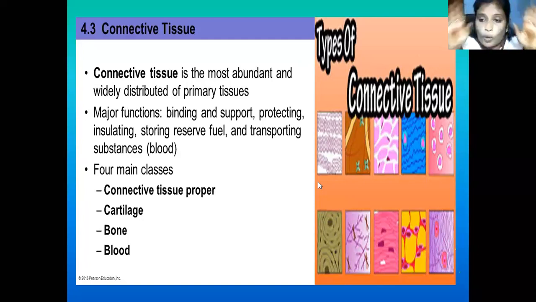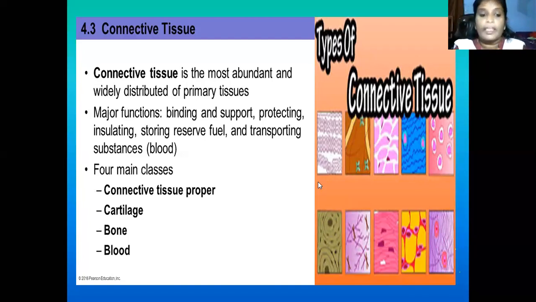These are all the functions of the connective tissue. What are the major functions of the connective tissue, ma'am? Binding and support, protecting, insulating, storing reserve fuel, and transporting substances like food also. Food is also transported to all parts of the body. It helps the connective tissue. This tissue is located in our internal body.